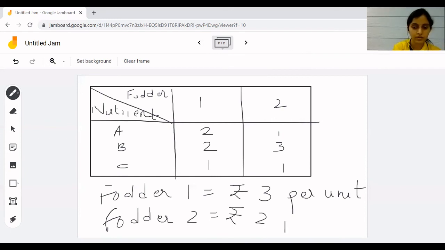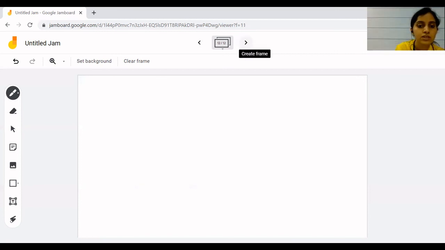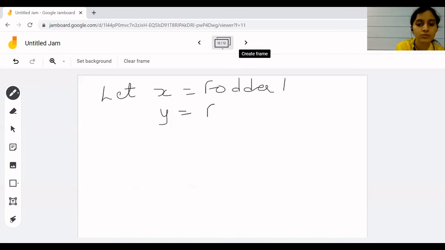Now since you have cattle, you have to have fodder as your x and y. So fodder 1 is x and fodder 2 is y. Let x units of fodder 1 and y units of fodder 2 be prescribed. So you'll say let x equal fodder 1 and y equal fodder 2.